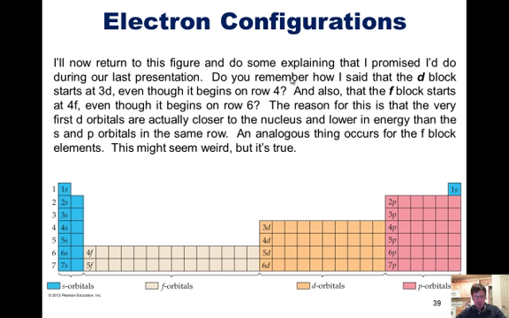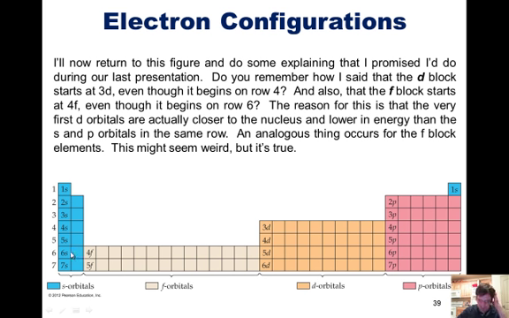I'll now return to this figure and do some explaining that I promised I'd do during our last presentation. Do you guys remember how I said that the D block over here starts at 3D, even though it begins on row 4? Also, I told you guys that the F block starts at 4F, even though it begins on row 6.